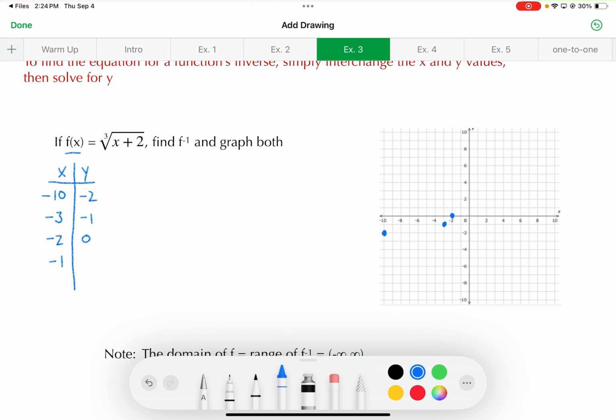That'll give you the cube root of 1 or 1. And 6 would be one more good choice. 6 plus 2 is 8, and the cube root of 8 is 2. Okay, so we're going to label that f of x.